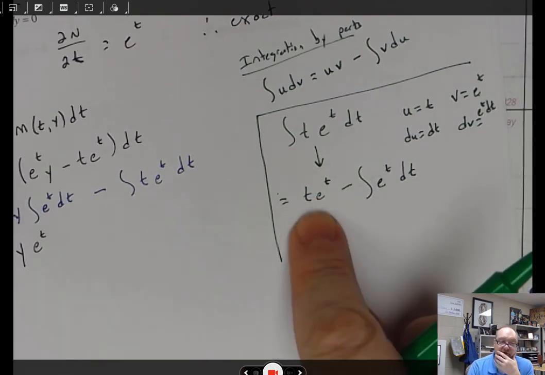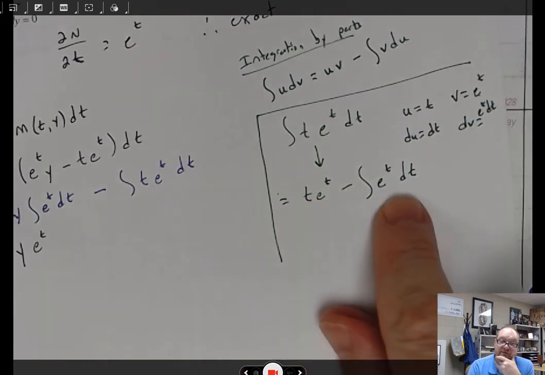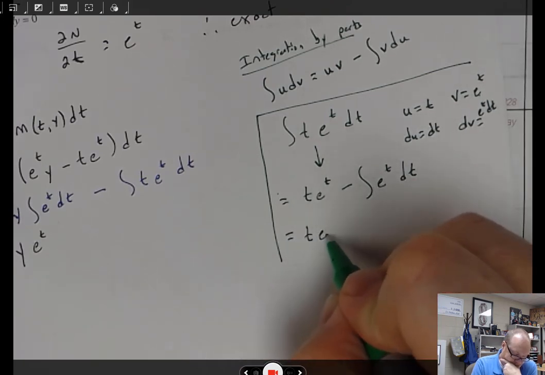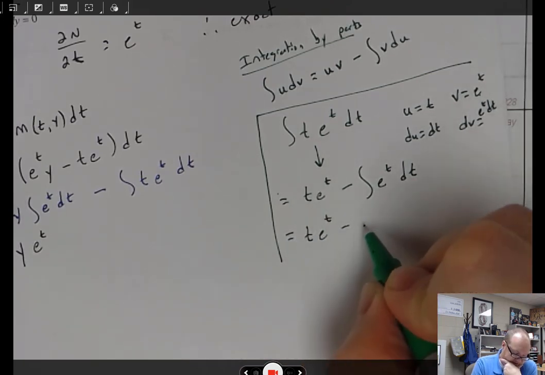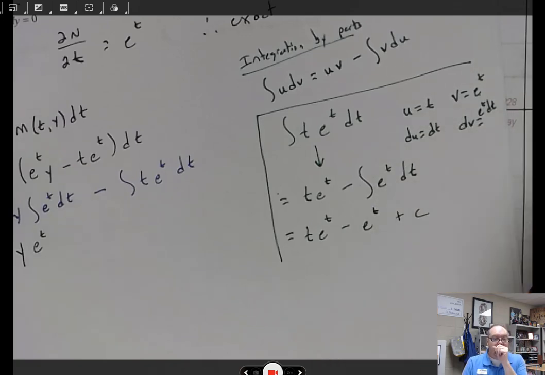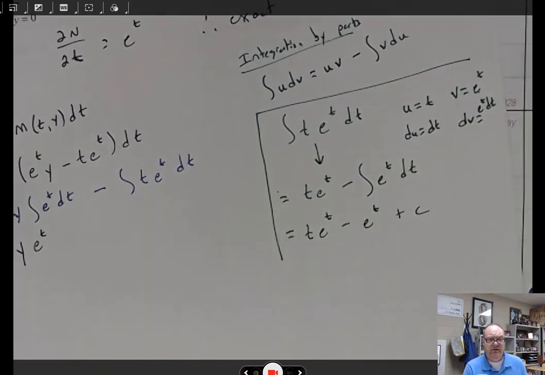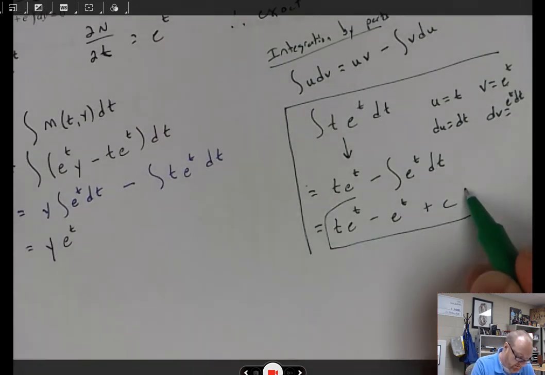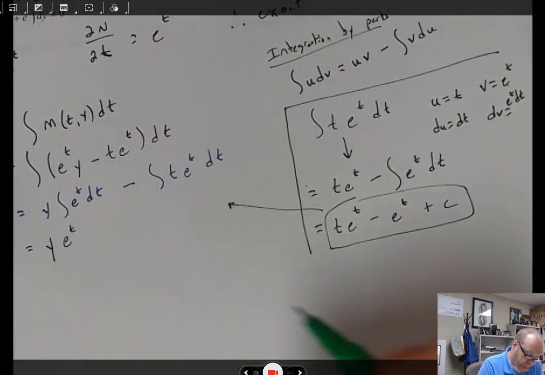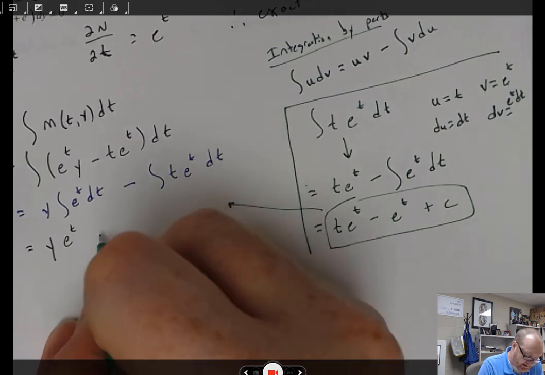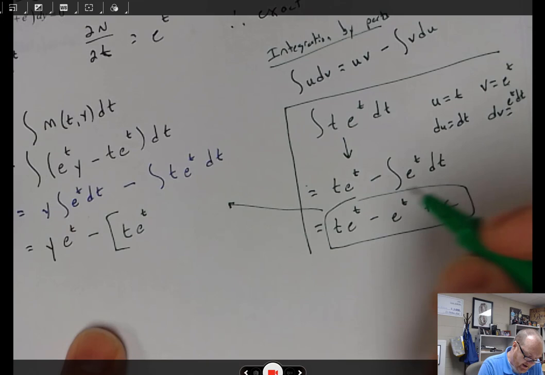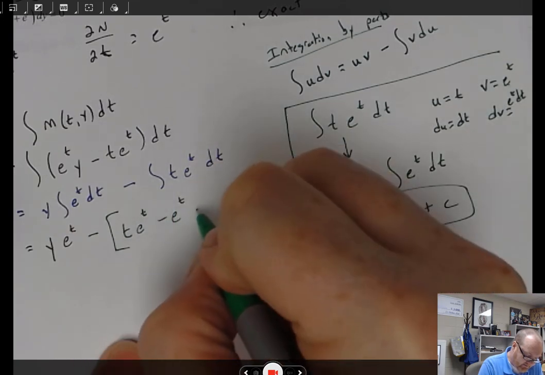Again, this has already been integrated. I can integrate this, that's an easy formula. The integral of e to the t is e to the t plus the constant. So back in our problem, all of this gets put in over here for this term. So minus t e to the t minus e to the t plus the constant.